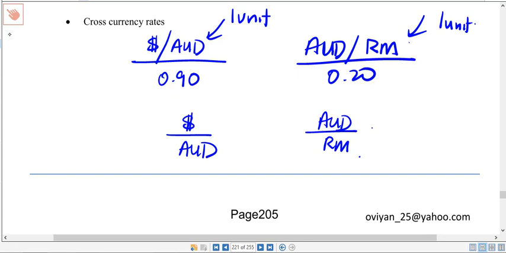Let's say for example you want to take a flight from Malaysia, KL to London. Which flight do you take? If you want to go straight from KL to London, you must take MAS. MAS doesn't stop, straight to London.